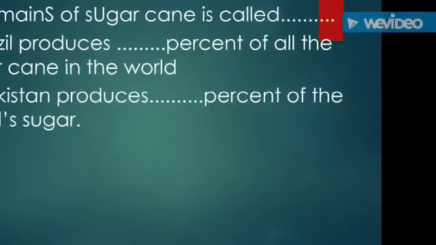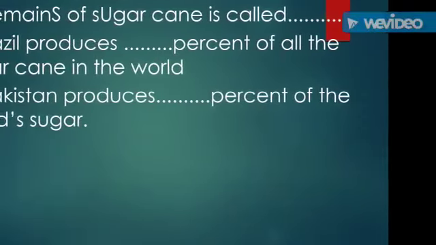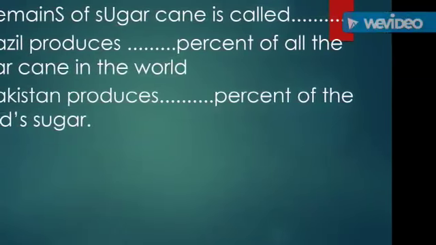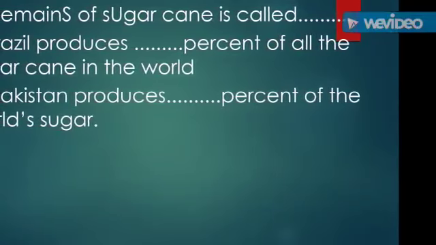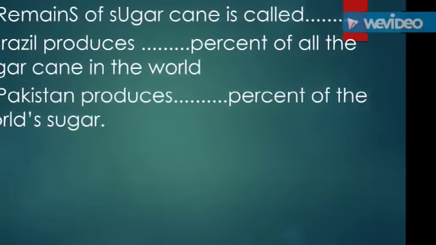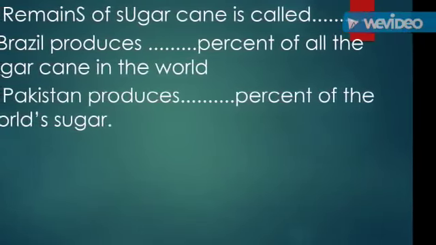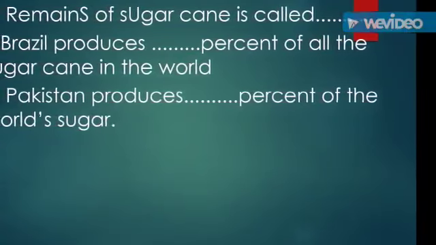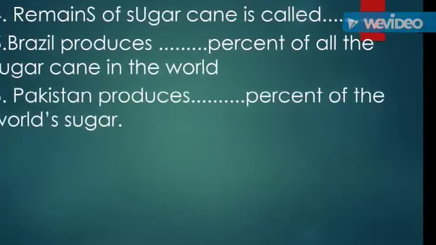Fourth is, the remains of the sugar cane is called dash. Fifth is, Brazil produces dash percent of all the sugar cane in the world. And the last, sixth is, Pakistan produces dash percent of the world's sugar.